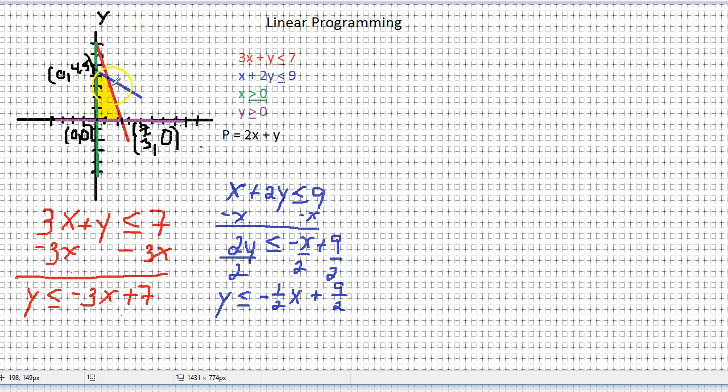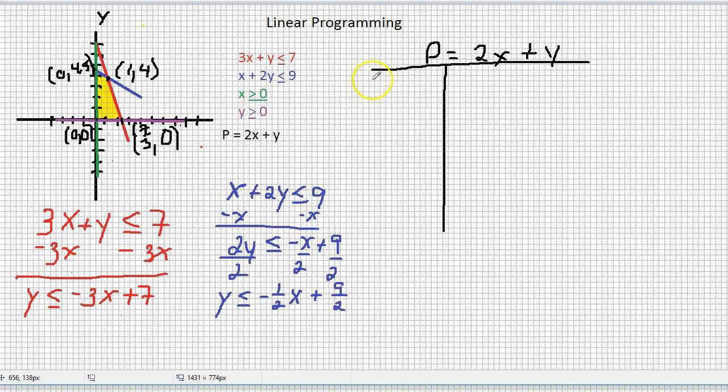And then this last point here, we move 1 up 4, 1 comma 4. Awesome, we've got it right there. Now, we take our equation, P equals 2x plus y. And we're going to test this for each of our pairs of numbers.